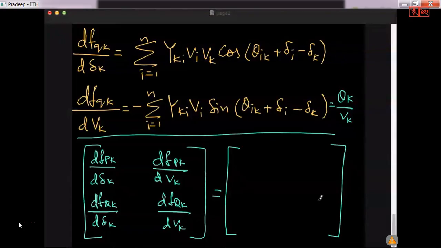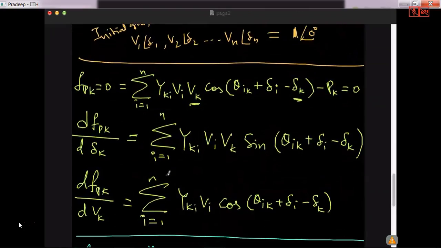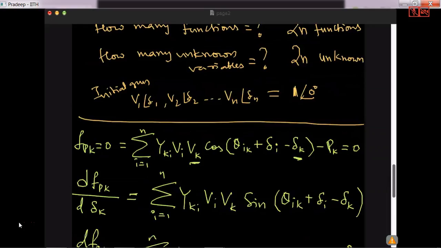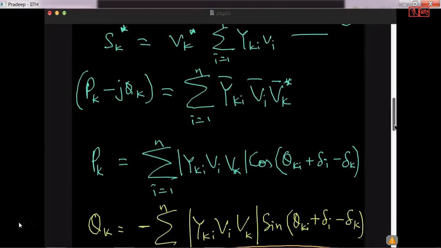So I'll write it here: Qk divided by Vk. Similarly, this will be Pk divided by Vk. You can verify: you go up, you divide this term by Vk, so Vk will cancel and everything else will be the same. So that is what we have here.